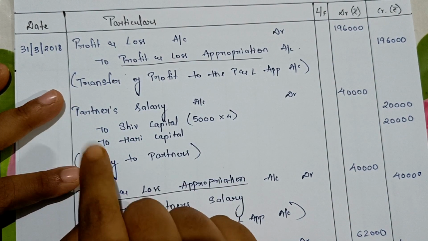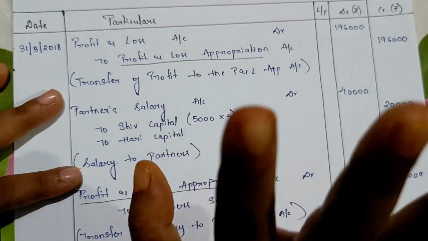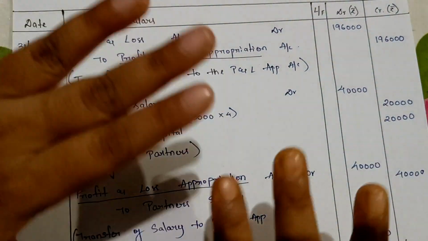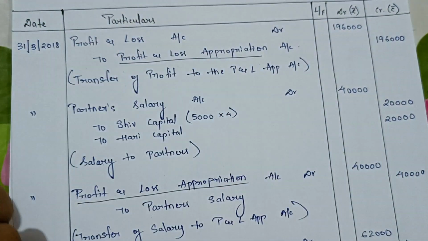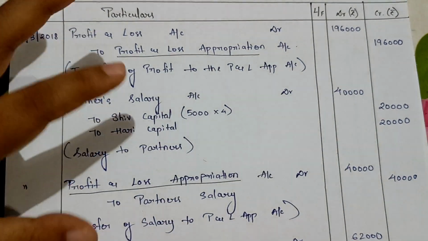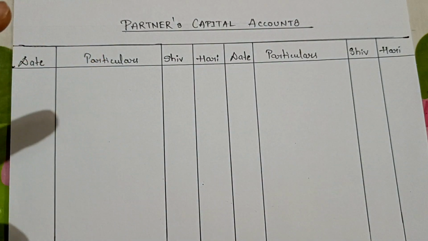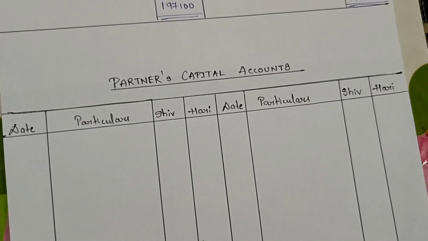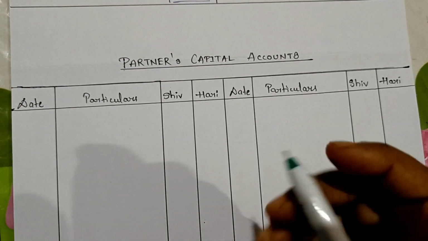First of all, we have to post all those entries which we have seen in the question. First, how much capital they brought, on which date, and whether any drawings were made or not.